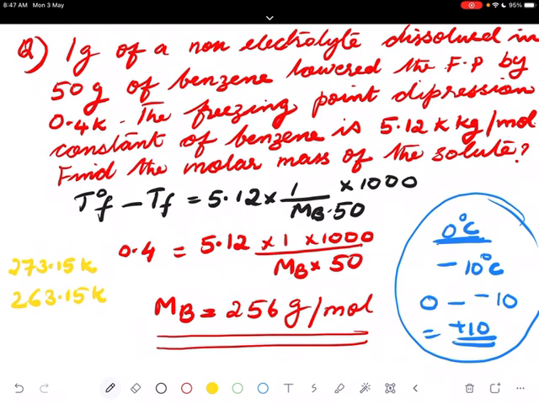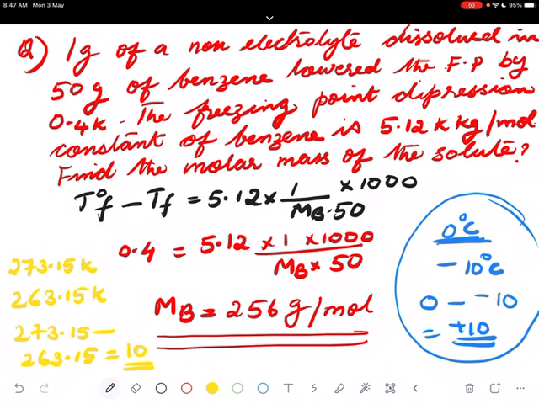So 0 minus minus 10 in Kelvin scale I can write 273.15 minus 263.15. So again in Kelvin scale it is plus 10 only. So whether it is in Kelvin scale or Celsius scale, the difference is the same.